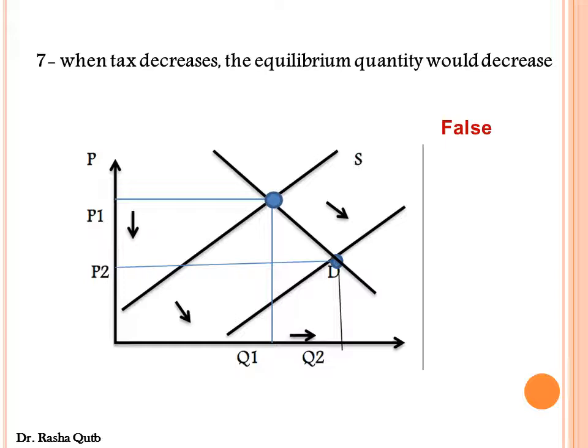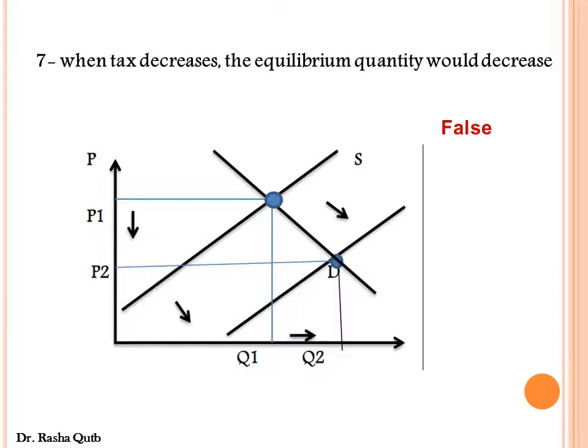When the tax that is imposed on a certain output decreases, it gives the producer more incentive to produce more. So the production would increase and the supply curve would shift rightward.